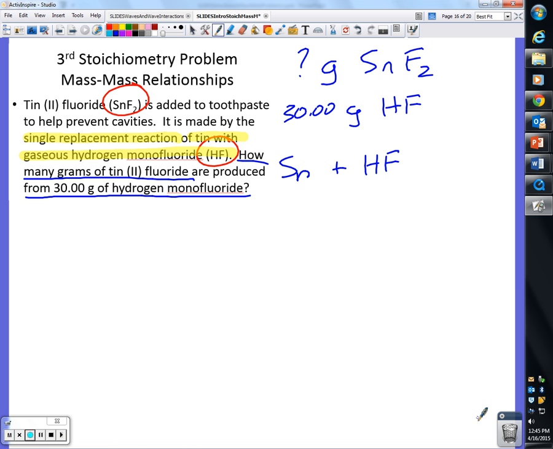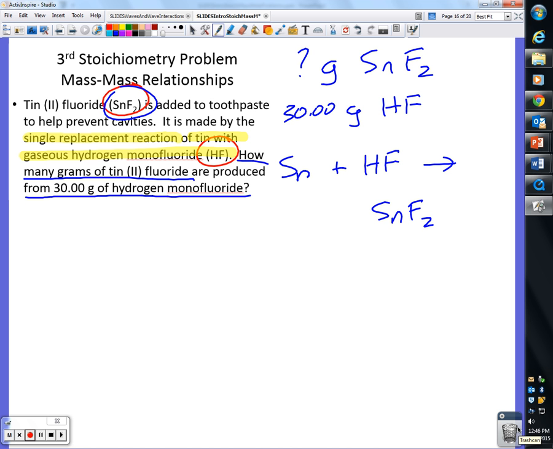Now, in a single replacement reaction, we start with an element by itself and a compound, and then the element goes in and kicks something out of the compound. We know that this has to be one of the products, because that's what it tells us in the problem.